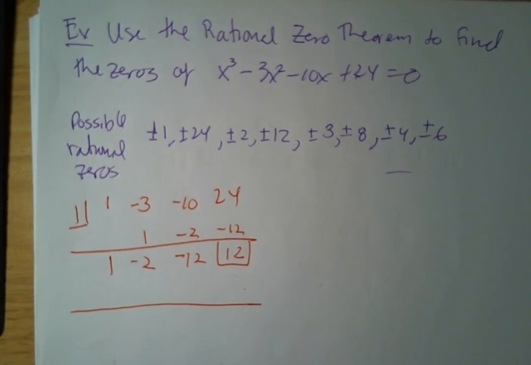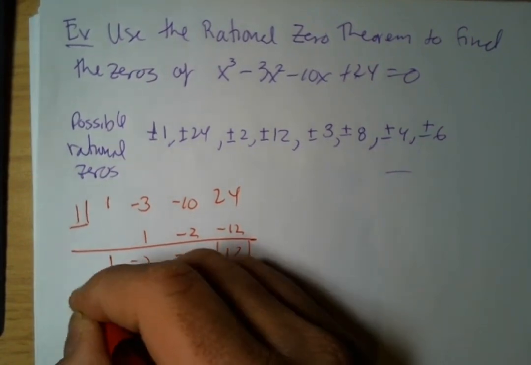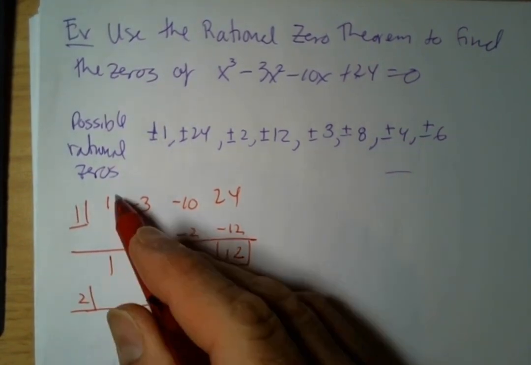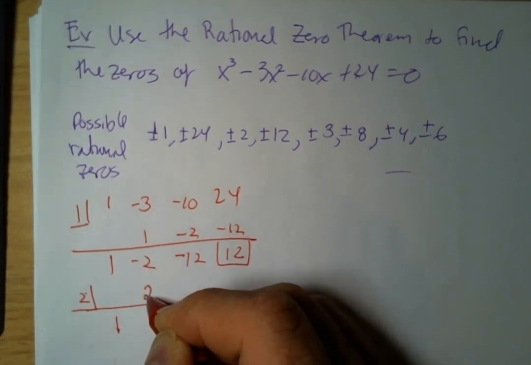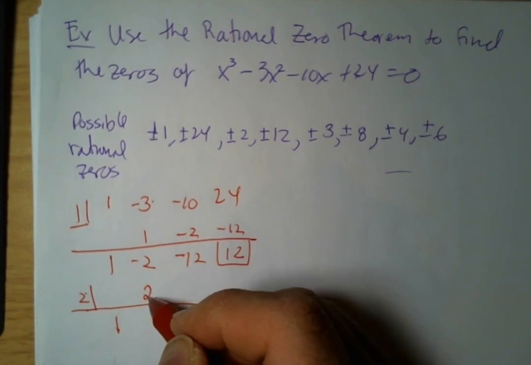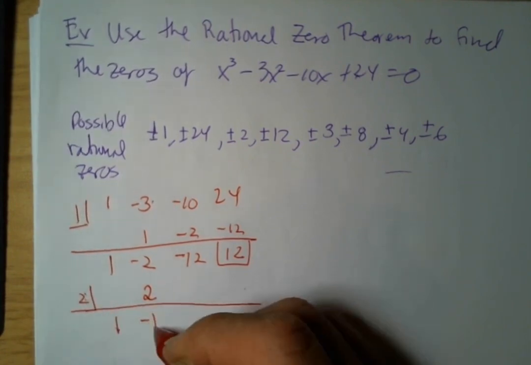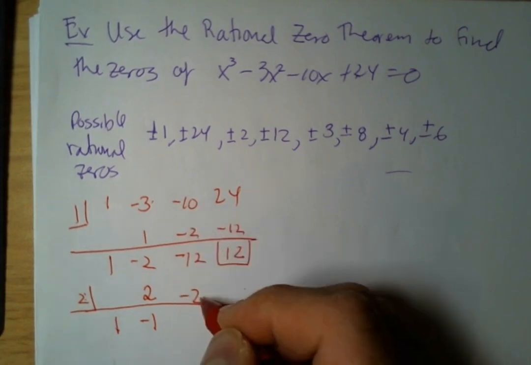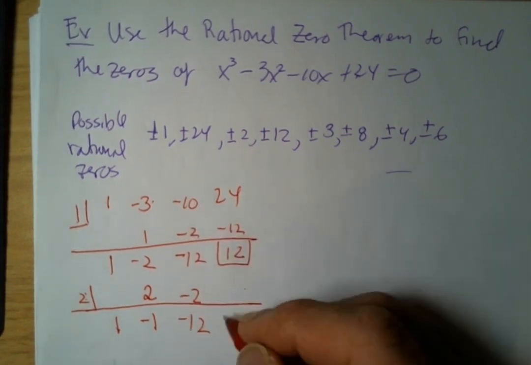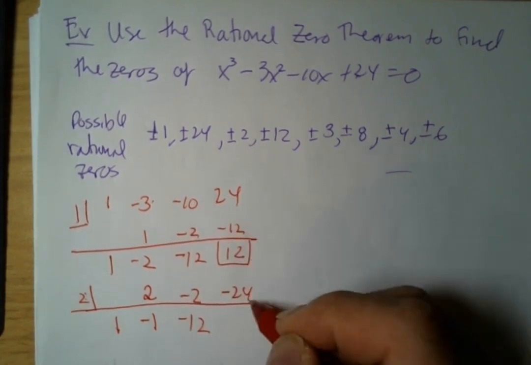In this case, let me choose, how about 2, another easy one. So bring down the 1. 2 times 1 is 2. Negative 3 plus 2 is negative 1. Negative 2. Add these, we get negative 10, negative 2, negative 12, and negative 24.